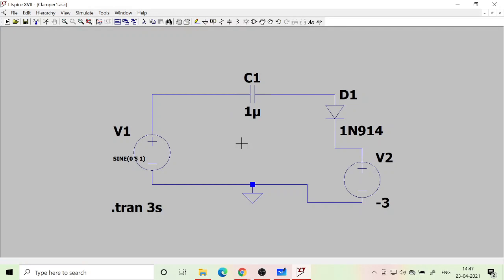Now the diode will be forward biased when the input voltage is minus 2.4, right? Minus 2.4 onwards the capacitor will get charged, so it will get charged to 5 plus 2.4, around 7 volt, 7 plus volt. So that much it will have to shift downward.